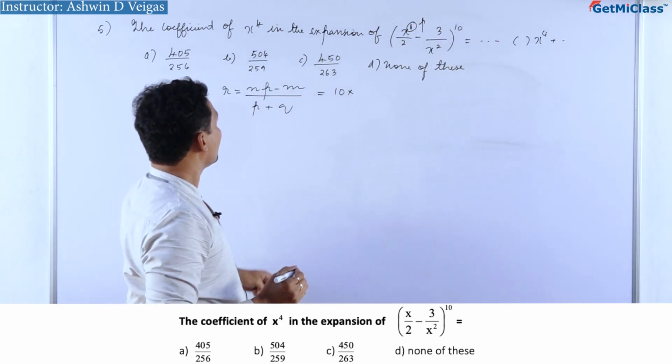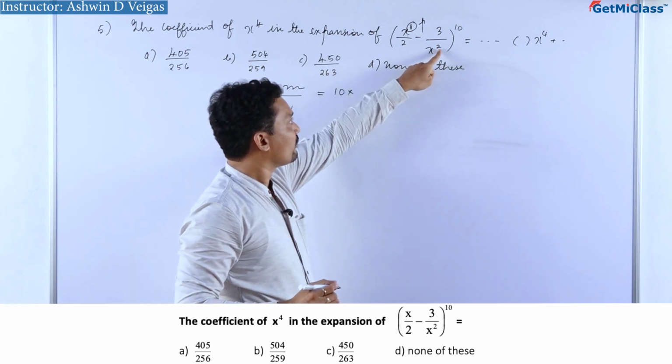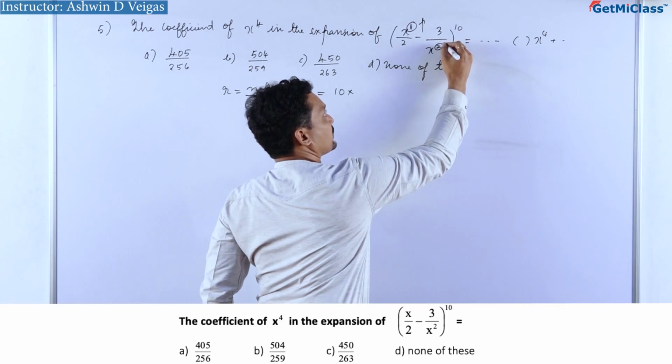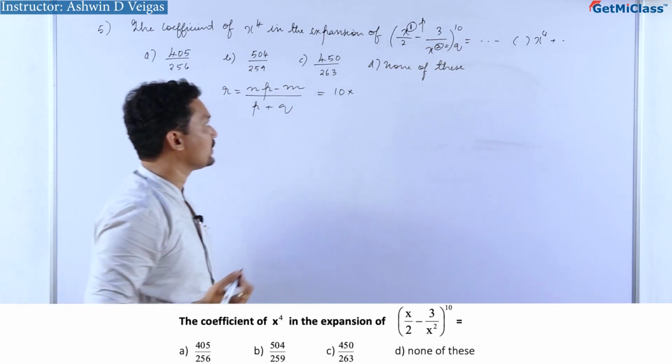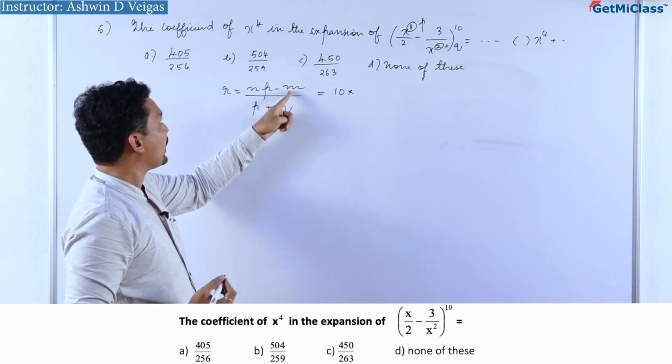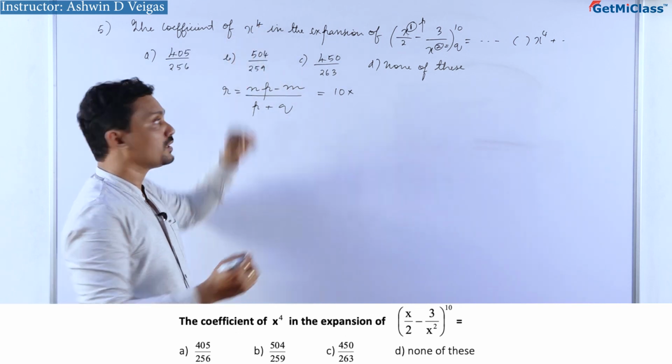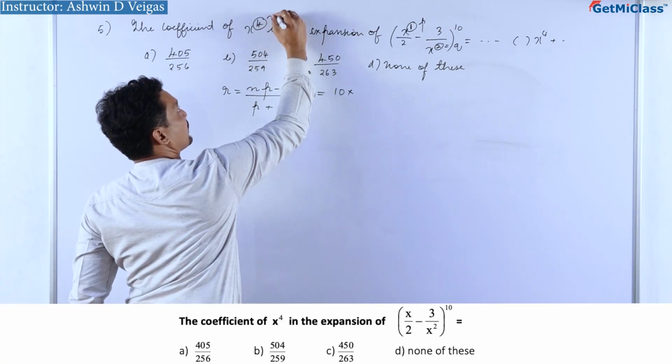Now, what is q? Q is nothing but the power of x in the second term here, this is q. And what is m? M is the power in the question. They are asking for the coefficient of x power 4, so this 4 is m.